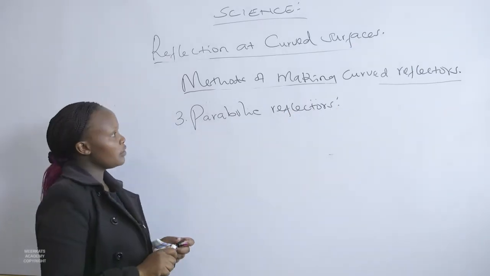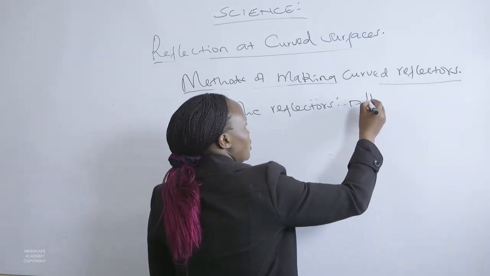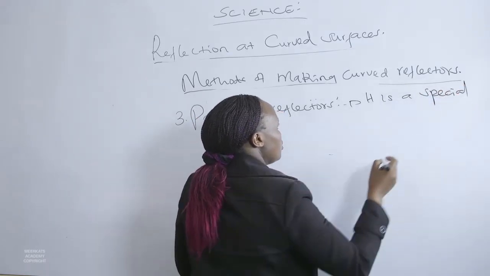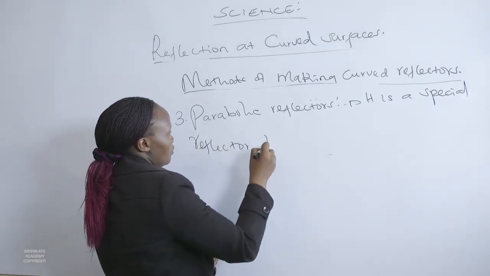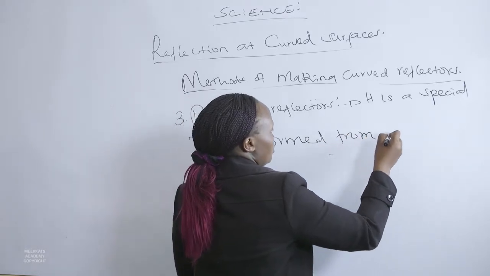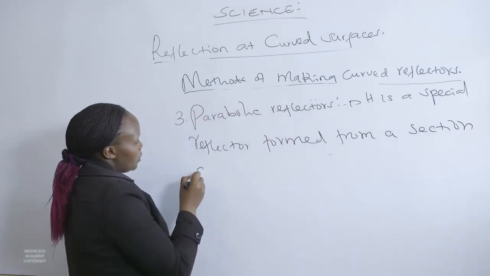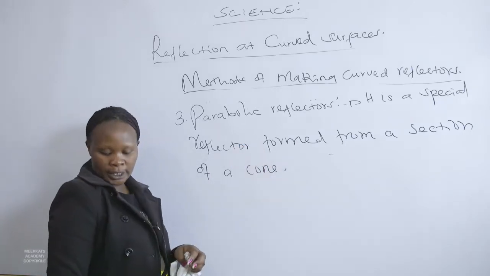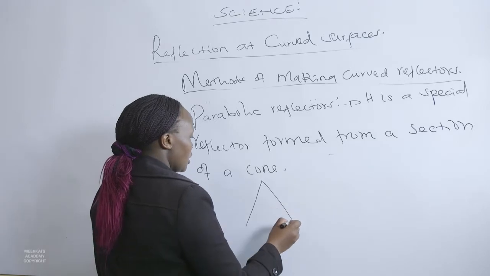And a parabolic reflector is a special reflector formed from a section of a cone. A cone looks like this.